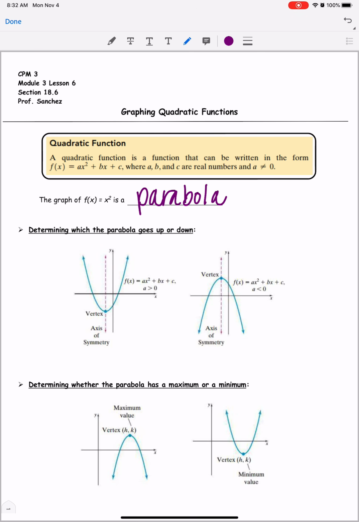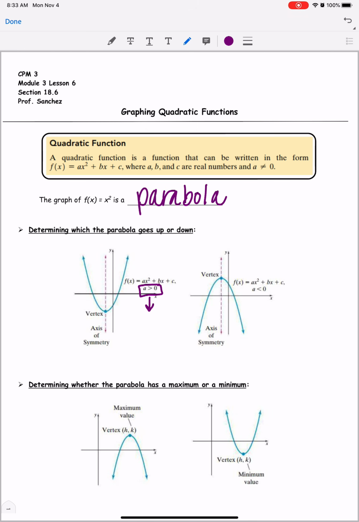So, first thing we're going to do is determine whether that parabola goes up or down, and then going with that, we're going to determine if it has a max or a min. You know that this parabola goes up, and what I mean by up is that it opens up, when a is greater than 0.